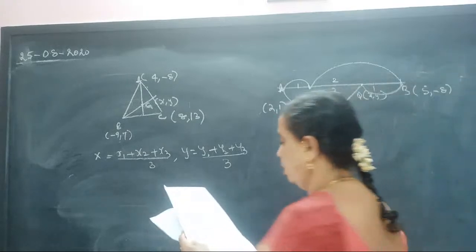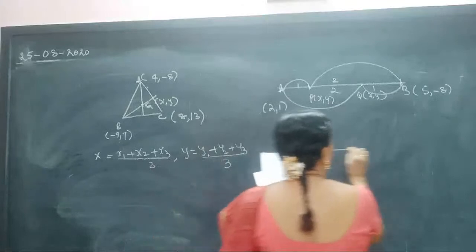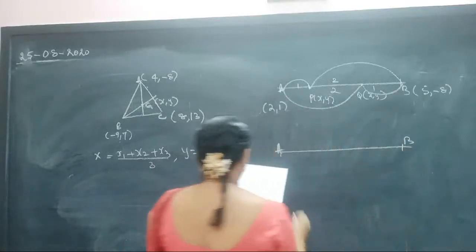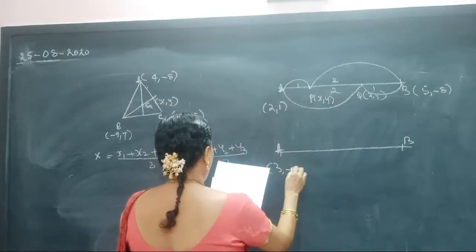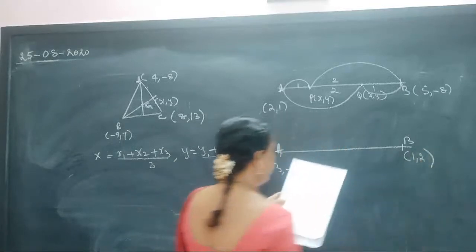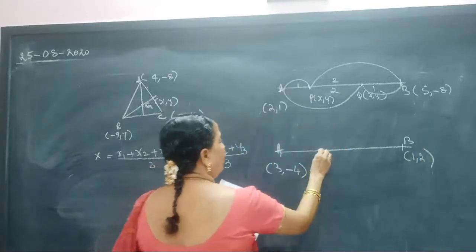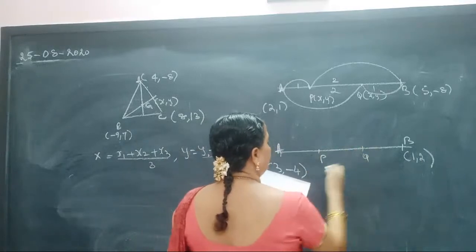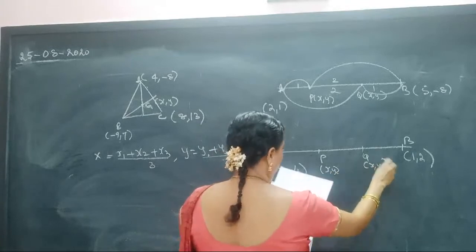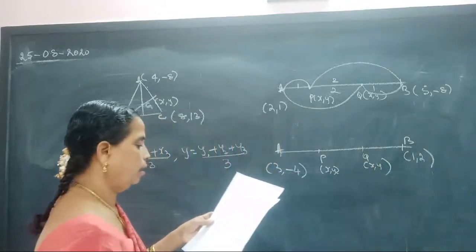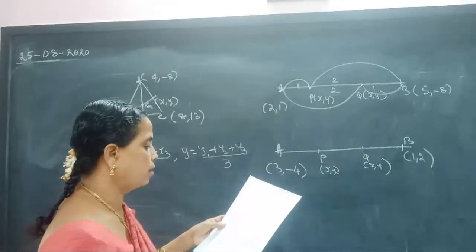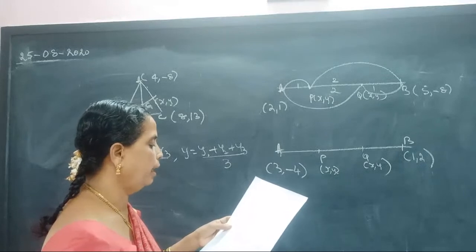The line segment joining the points (3, -4) and (1, 2) is trisected at the points P and Q. P(x, y), Q(x, y) trisected. Okay, find the coordinates of the points P and Q.